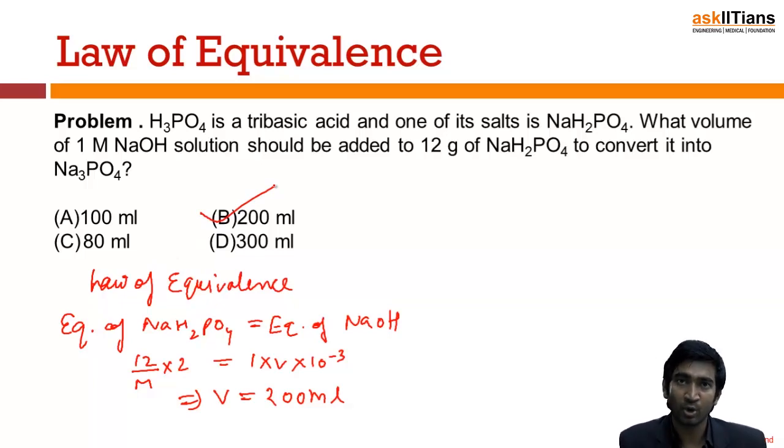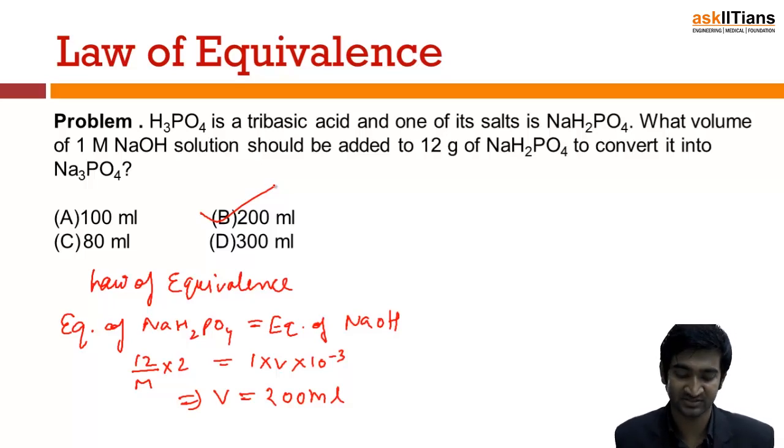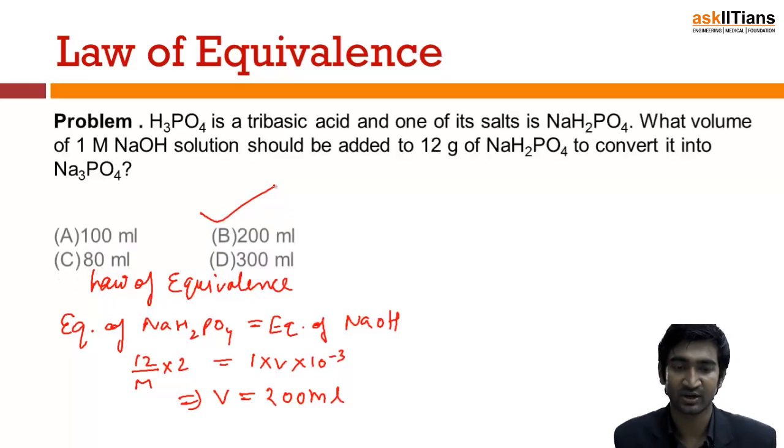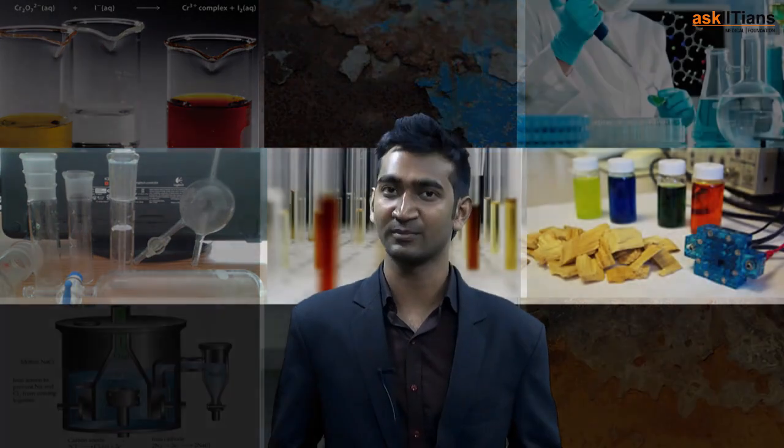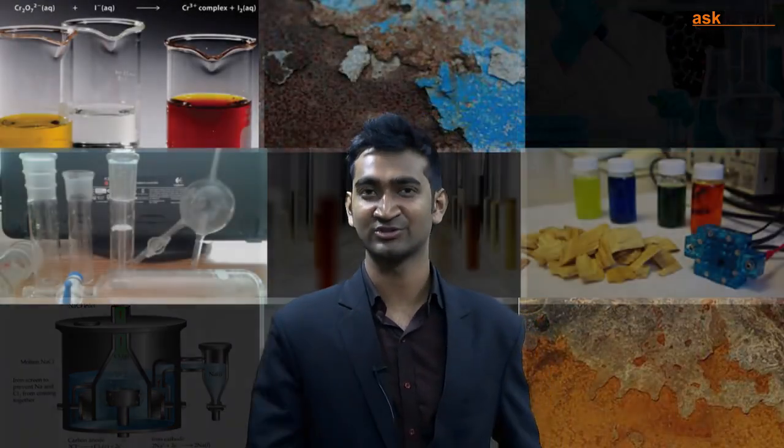Now I hope you have understood what the equivalence point is and what the statement of the law of equivalence is. Hey students, I told you about equivalent weight, what it is, and how to calculate it. I told you about the law of equivalence, and we also saw it with an example question.